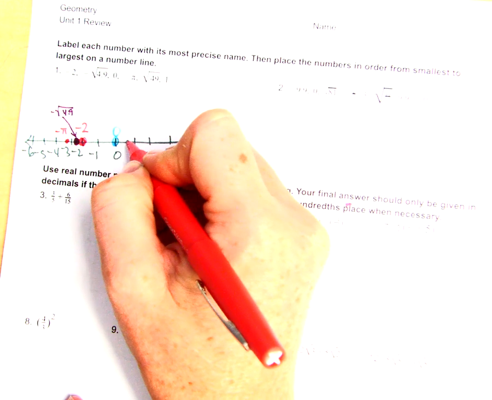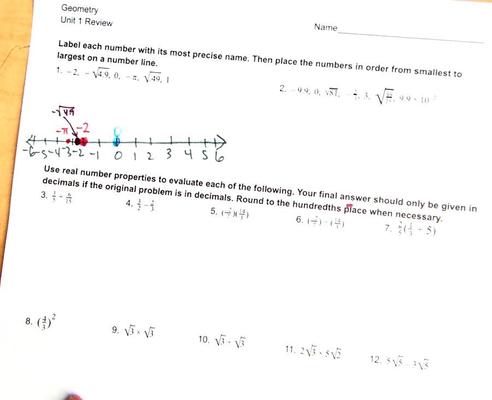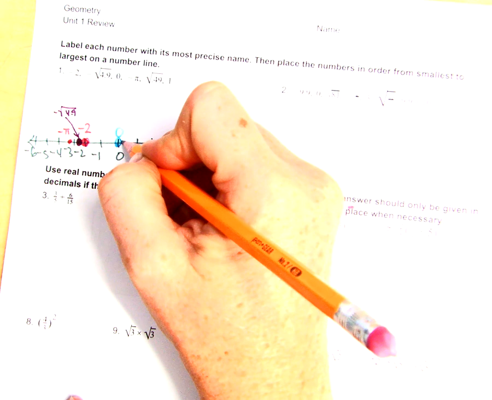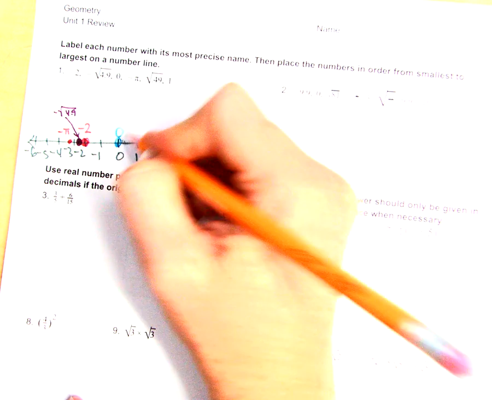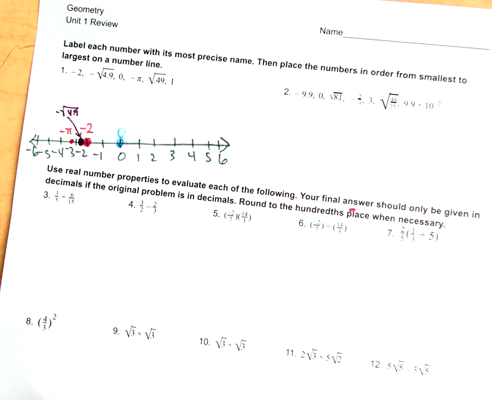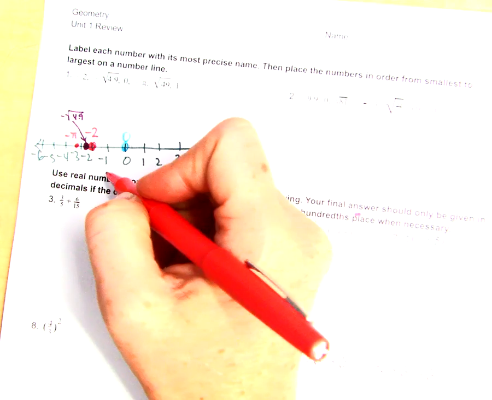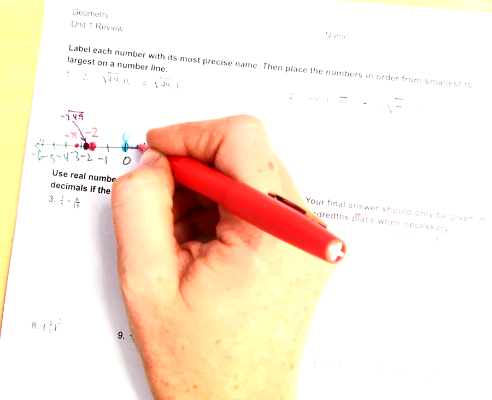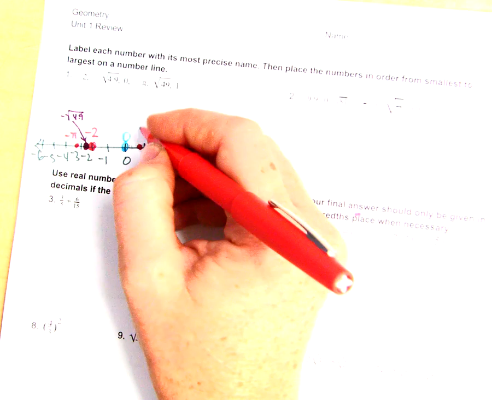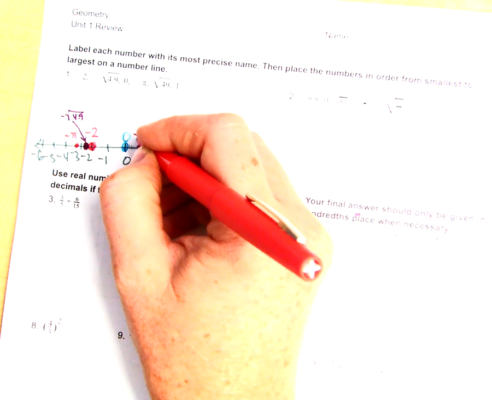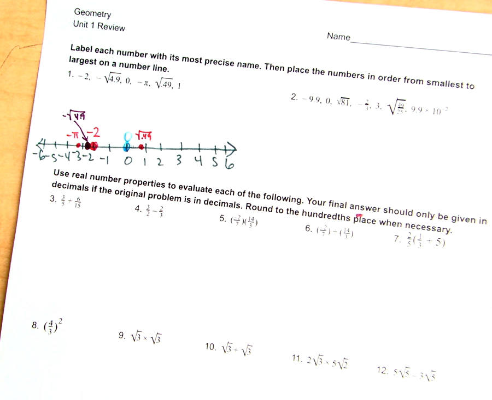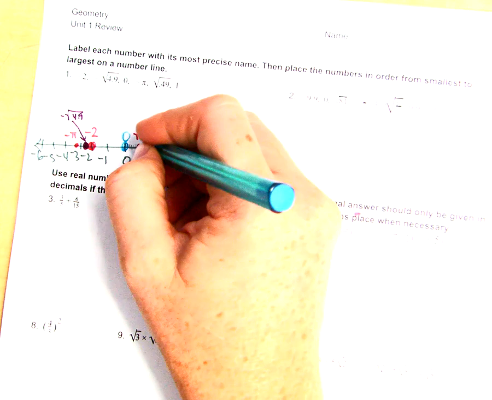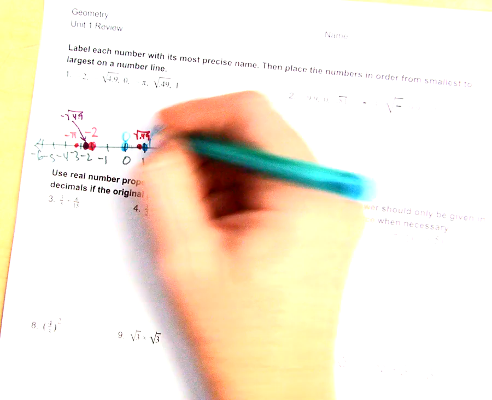So I could make my tenths marks here. I could go through here, 1, 2, 3, 4, 5, 6, 7, 8, running out of room, 9. Okay, so I could make my tenths marks, and I would go to the 7th mark and put a point, and that would be my square root of 0.49. And then I have another point at 1, so I'll just throw that guy on there, at 1.